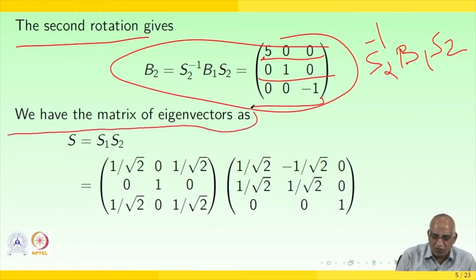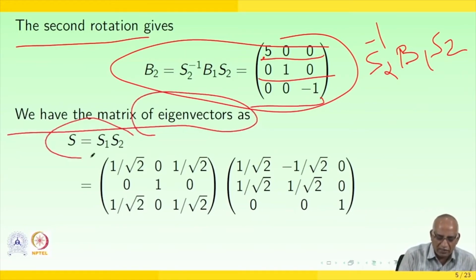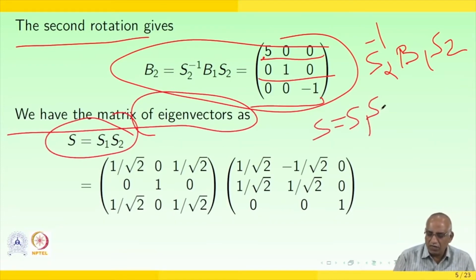We have the matrix of eigenvectors as S equal to S1 S2.